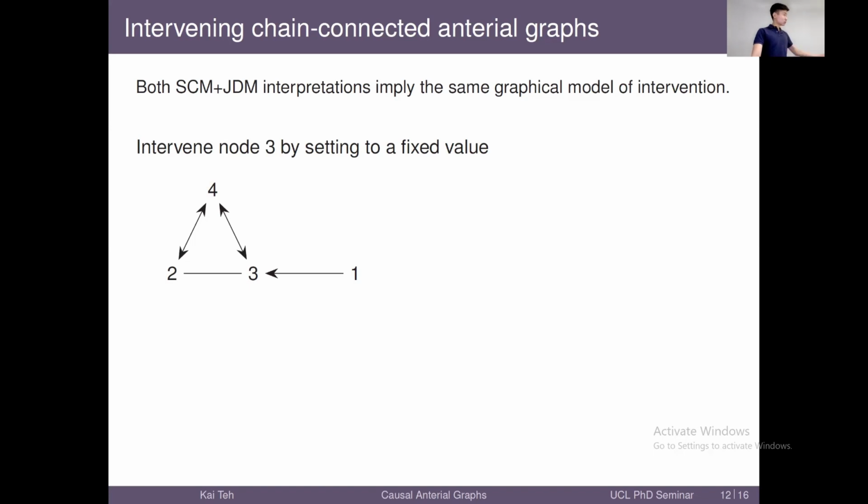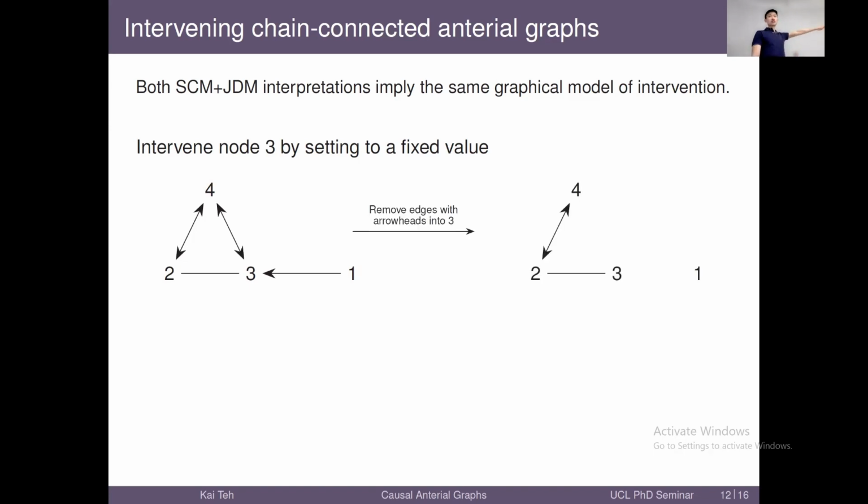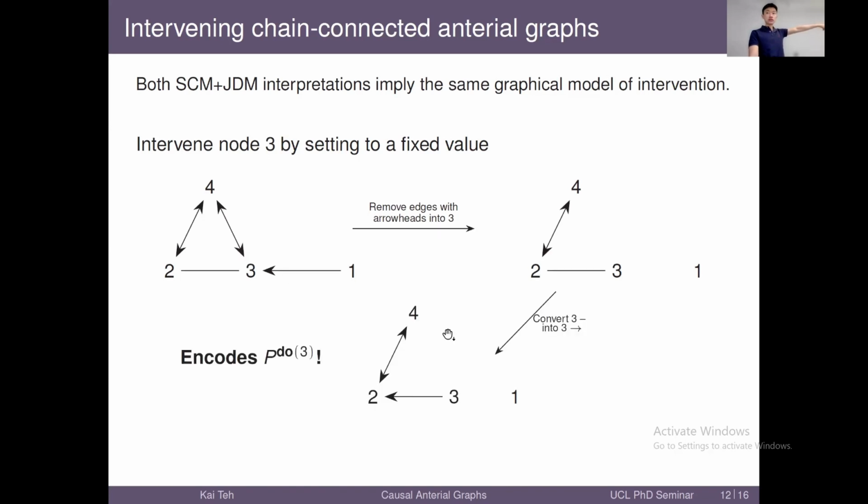So what do I mean by that? Let's try to intervene on this example graph that we had from before. Just like a DAG, you remove edges with arrows going into 3, in this case this and that. And you convert the undirected edge that 3 is connected to into an arrow pointing out of it.